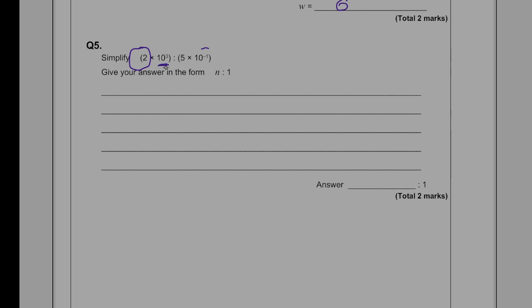So to do that, I would need to make this number 4 times bigger, so that would be 2000 times 10 to the minus 1 to 5 times 10 to the minus 1.